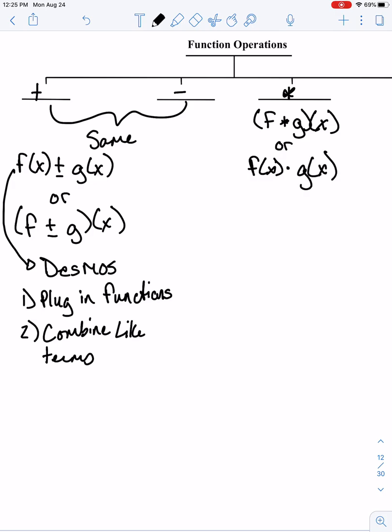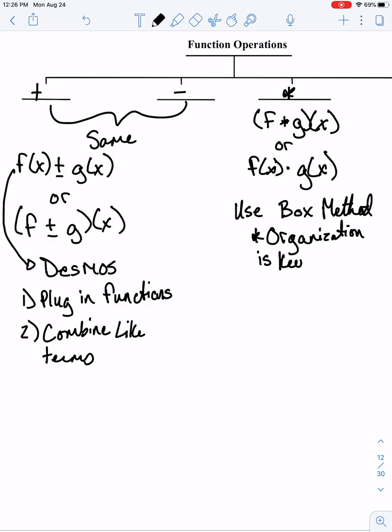The way I'm going to do this personally is I'm going to use the box method of multiplying, and what that's going to let me do is be really organized, and when you get to function operations, organization and neatness is key.